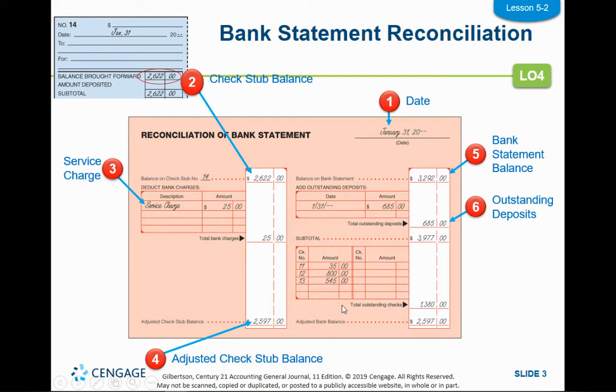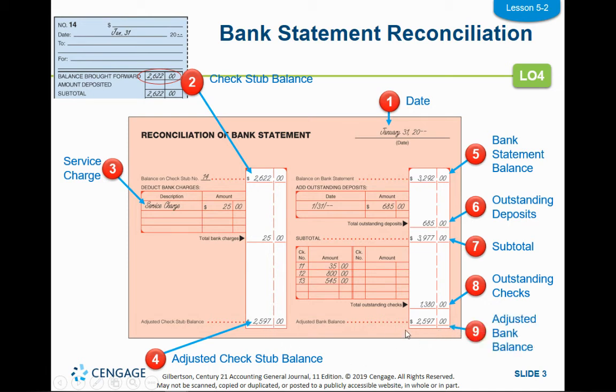Then any outstanding checks that you have, checks that you've written that haven't cleared the bank yet, you list them here, you add them together, and that amount goes here. Checks decrease your bank balance. So then you take your new subtotal minus your outstanding checks, and that gives you your adjusted bank balance.